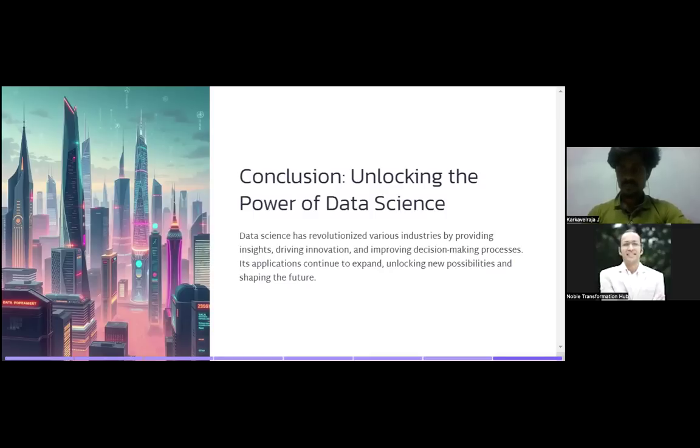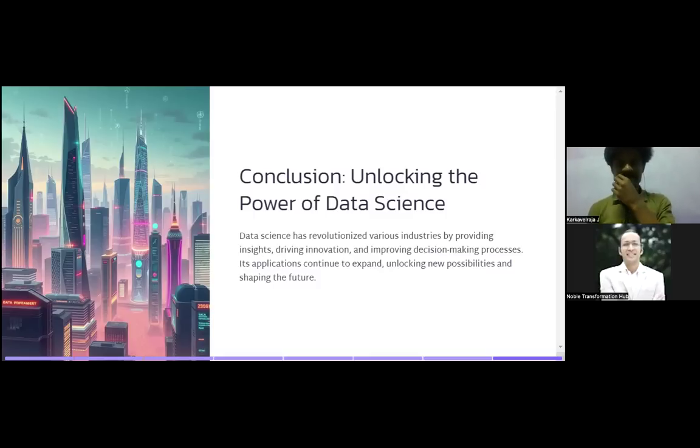So understand each and every concept from a very deep level. In conclusion, data science has revolutionized various industries, and it is going to revolutionize all industries, and the industries which will come. I'm giving you a futuristic view here.